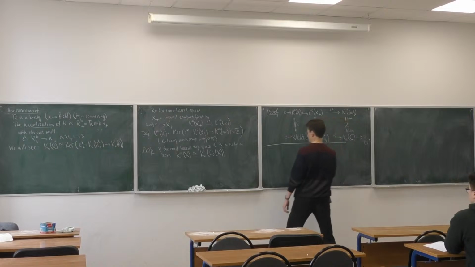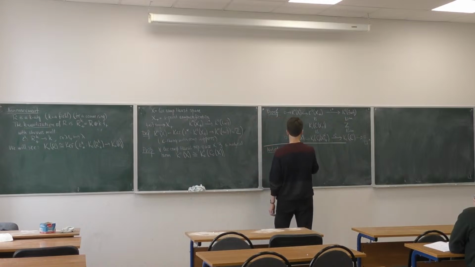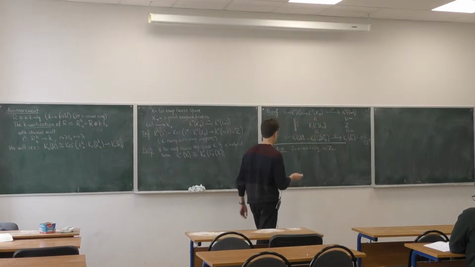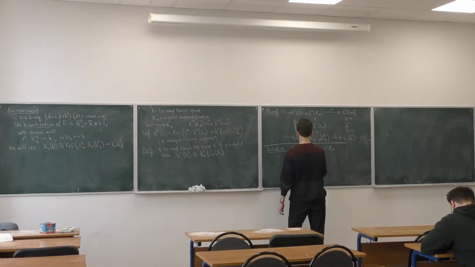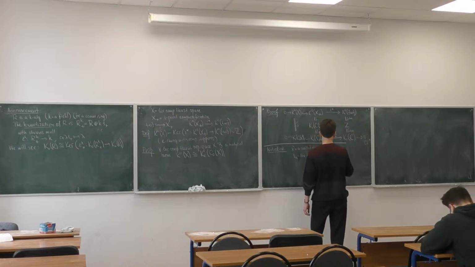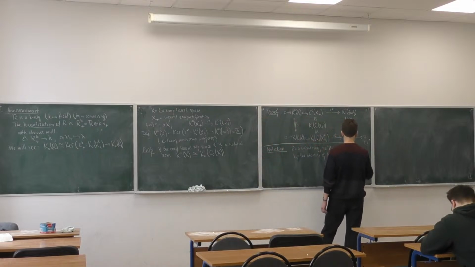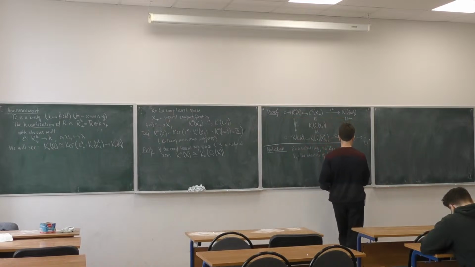First of all, let's introduce some notation. If R is a unital ring and n is a positive integer, then we denote by 1n the identity of the matrix ring Mn of R, which is assumed to be canonically embedded into M infinity of R. So in most cases, we will interpret 1n as a certain element in M infinity of R given by the following matrix.